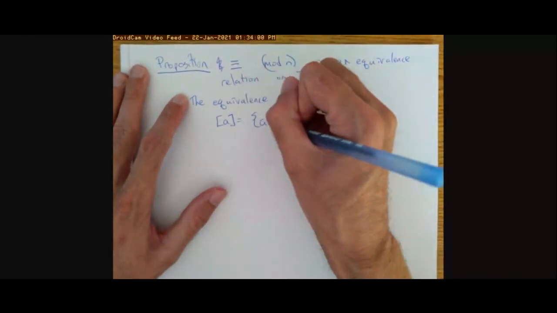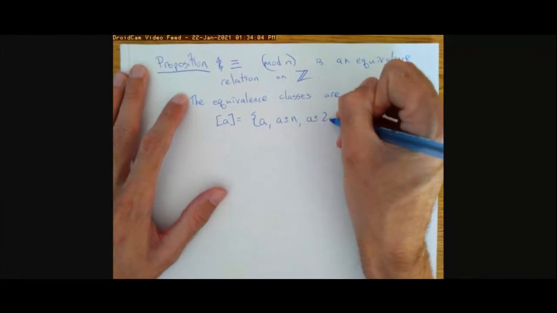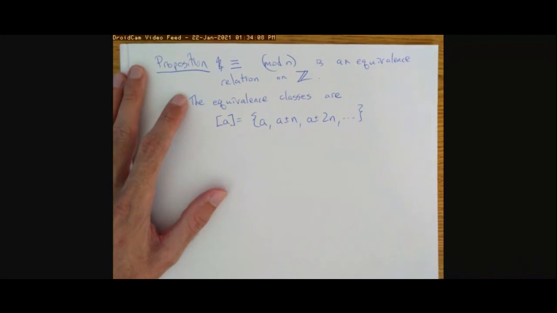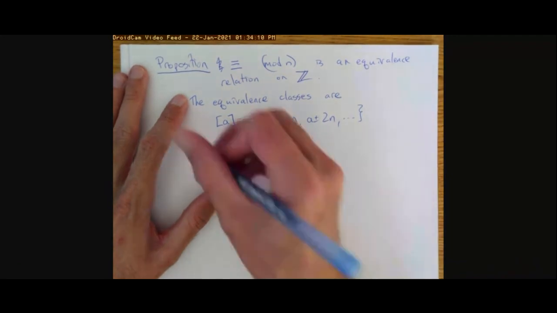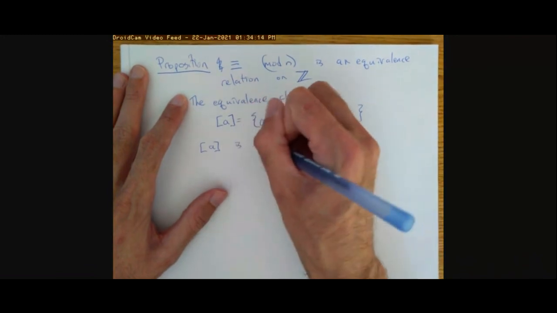The equivalence class of A is just A, and then you have A plus or minus n, A plus or minus 2n, and so on.